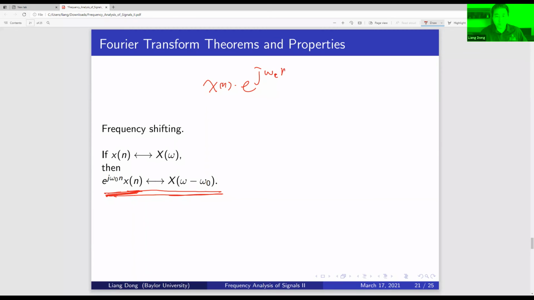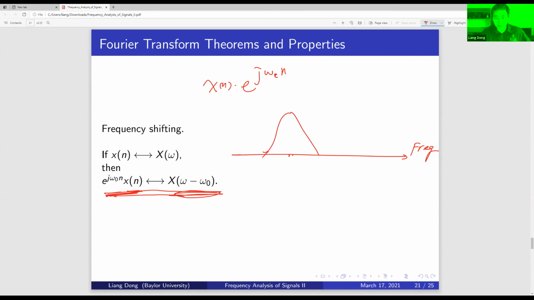It can be a high frequency of 10 gigahertz, or 10 megahertz. And once you multiply this, what you did on the signal is shift it to a higher frequency.